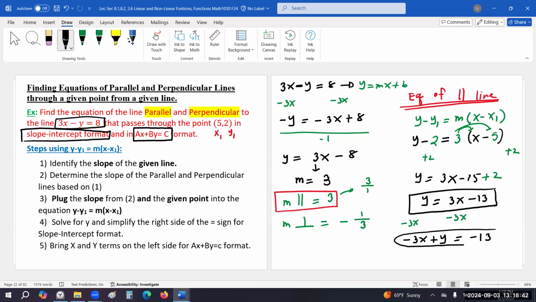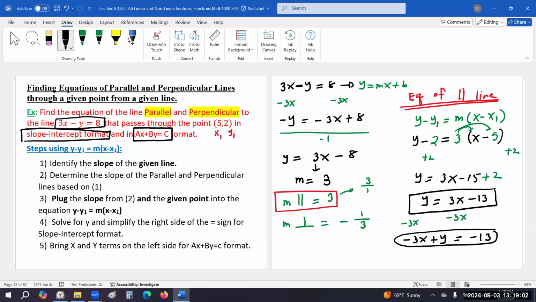We can stop here if you see this in the multiple choice, but most likely you will not see this. Why not? Because the x term is negative. They don't want you to start with a negative x. They want you to start with a positive x.